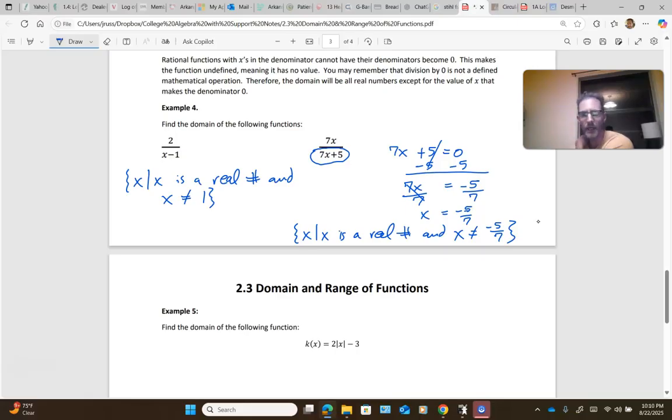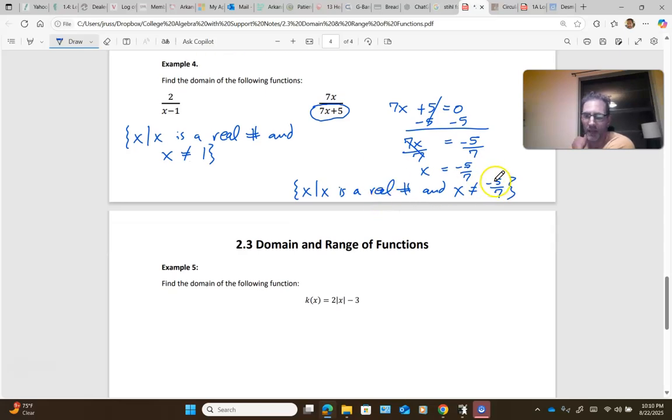Now I do want to point out that you can also express these domains in interval notation, except you have to exclude this one number. So to express it in interval notation, I wouldn't use curly braces. You would basically be going from -infinity up to that value that you're trying to exclude, and to show that you want that value excluded, you put a parenthesis around it.